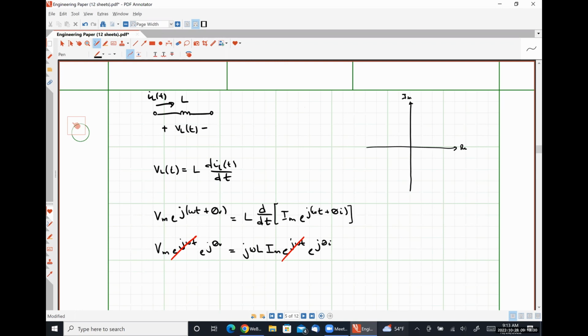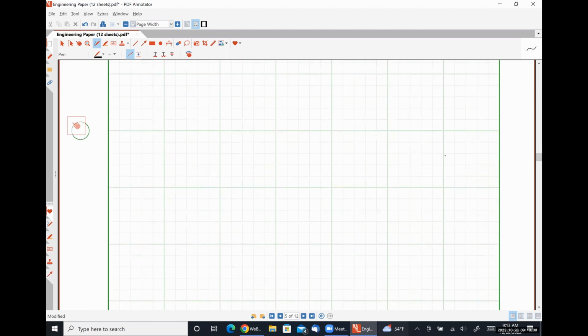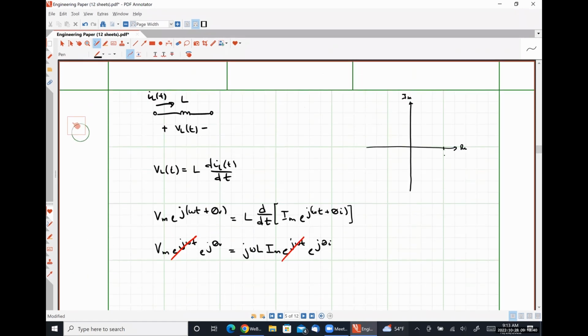And this is the imaginary axis. So if I go out 1 unit in the positive real direction, this is the number we commonly refer to as 1. In rectangular form, this is 1 plus j0. And in polar form, this is 1 angle 0 degrees.